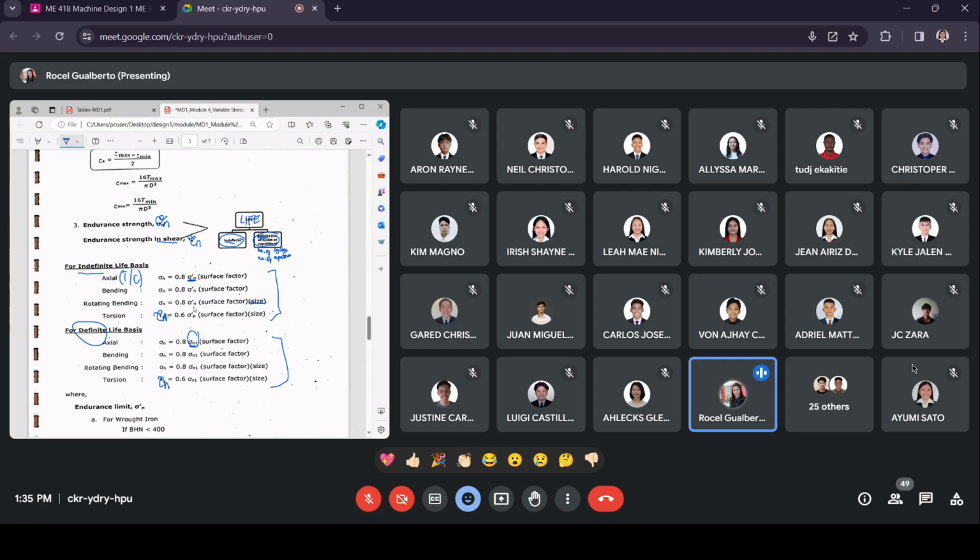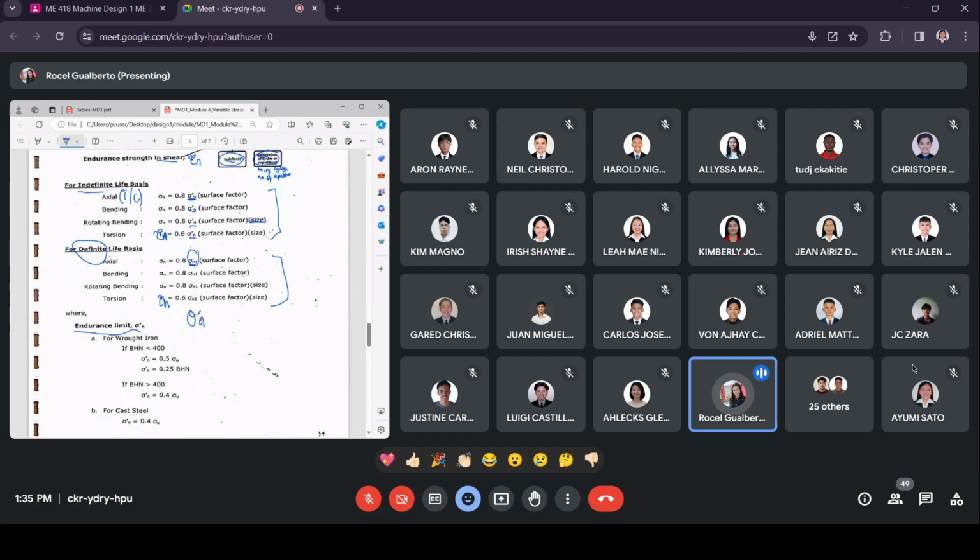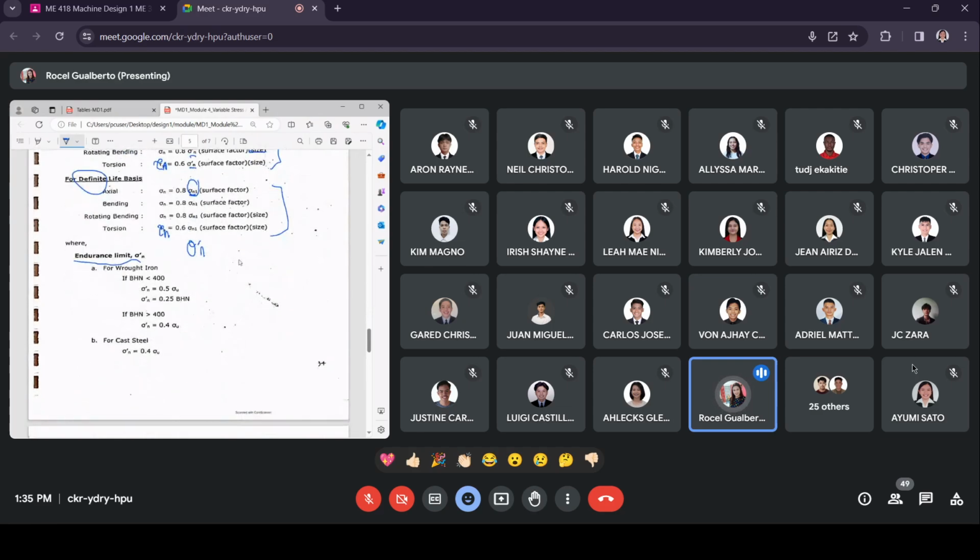Let us start with sigma prime n. What is this sigma prime n? You call this your endurance limit. These are all your endurance limit, sigma prime n, and it is dependent on the classification of material.